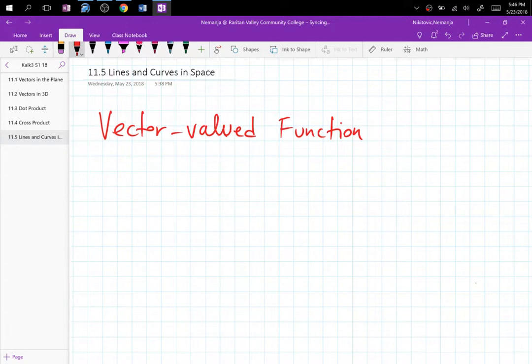Now, if you are a visiting student, meaning you did not take Calculus 2 at RVCC, you might not have the knowledge of parametrization, which is what we cover in chapter 10.